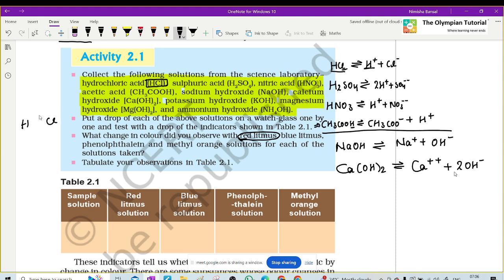In HCl, in the outermost shell of hydrogen, only one electron is present, and in chlorine, seven electrons are present. So hydrogen will give one electron to chlorine, so it will become positively charged and chlorine negatively charged. After ionization, they will give ions in this way.